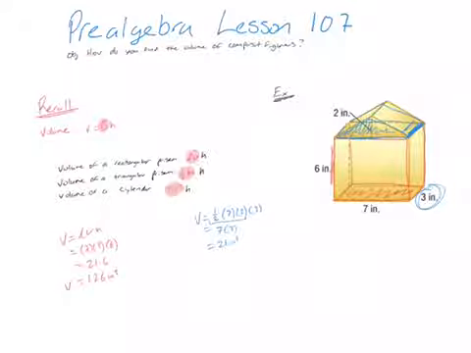So if I want the volume of the whole thing, I'm going to say 126 inches cubed plus 21 inches cubed. It's going to be 147 inches cubed. That's what the volume of that one's going to be.